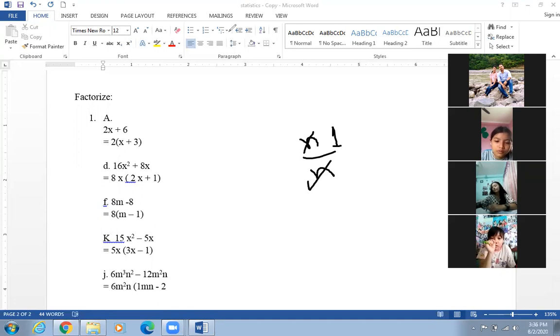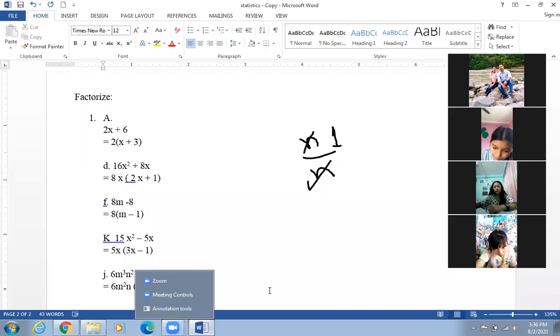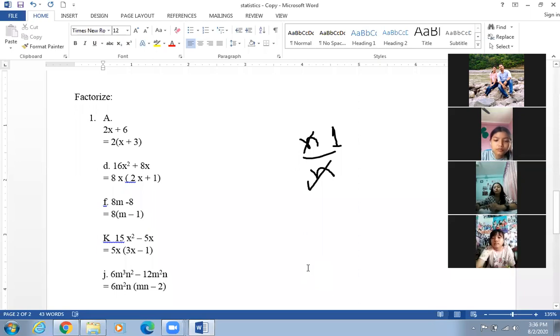Let us close the bracket. If something is 1, you don't need to write it, but if you want to write 1, it's okay. No problem, because 1 into m is going to be m only.